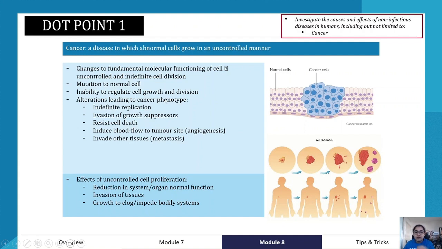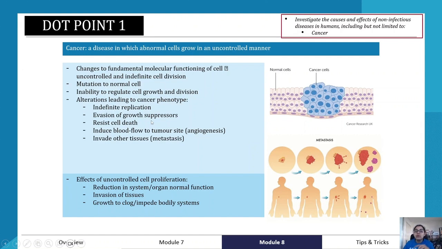It can grow really rapidly and spread around the body, because the cells divide really quickly. Alterations leading to the cancer phenotype include indefinite replication and evasion of growth suppressors, so these cells can also resist cell death.